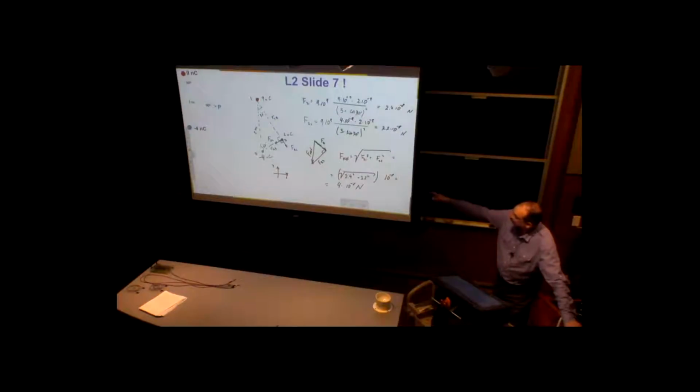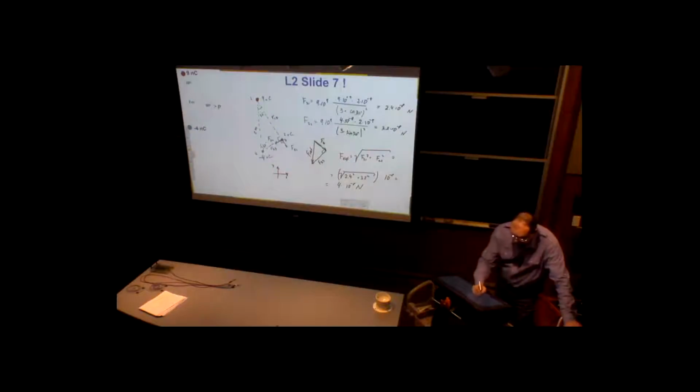Now, that's not what we are looking for in this situation. This is the net force. We need the net electric field. So now our brain starts searching for the connection between net force, net field, and the charge. If that search leads to the right equation, we're done, basically.